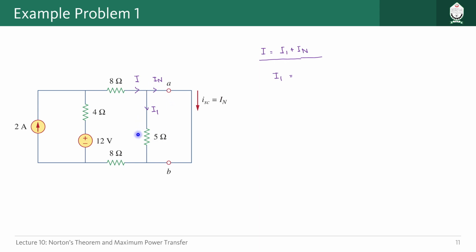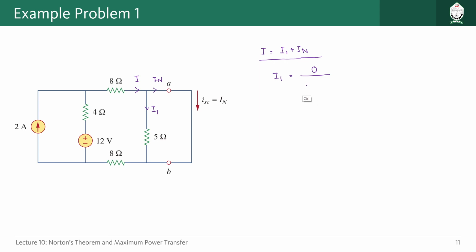So the current for this particular path with the 5 ohm resistor should be equal to the resistance of the other path, which is 0, over the resistances of the two paths added together in the denominator.